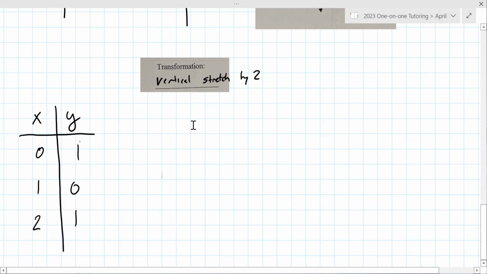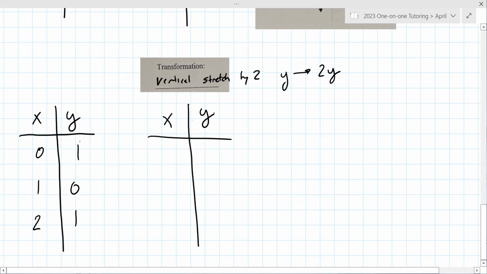Why? That is correct, okay? So you're going to multiply every Y value by 2. I want you to multiply every single Y value by 2 and tell me what the result is.